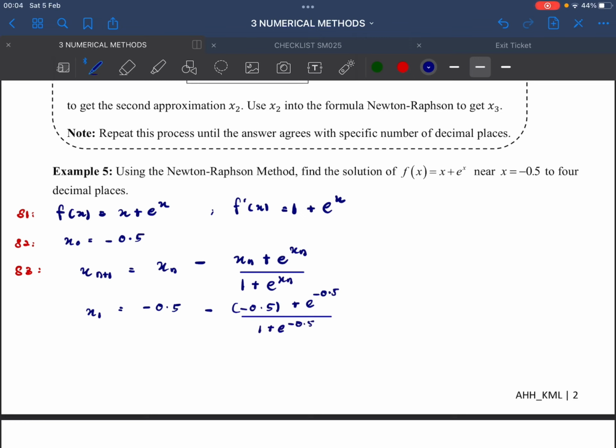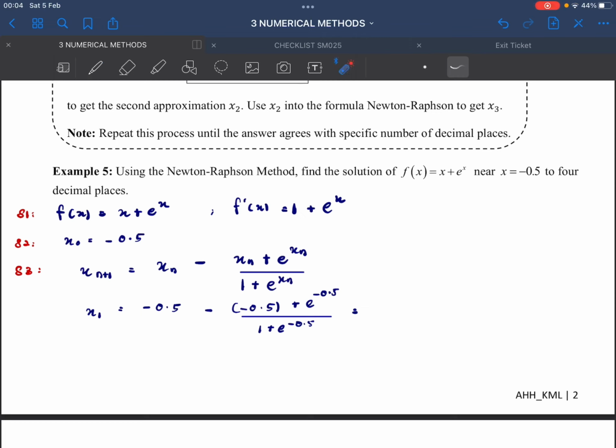Okay, substitute everything in your calculator. You can pause the video and press your calculator. You are going to get a very long number.